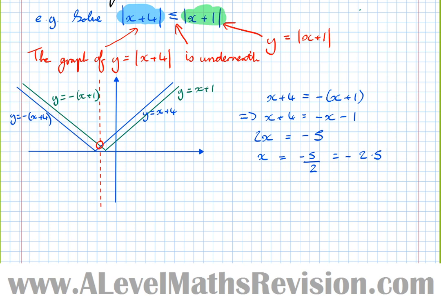No matter where we stand on the blue graph, it's always underneath. We've always got a bit of green graph over our head. So anything to the left of this point of intersection is relevant. Therefore, x is less than or equal to minus 5 over 2 gives us the relevant region. And that's what we have to do to solve these modulus inequalities. Squaring both sides will sometimes work and it won't work other times.